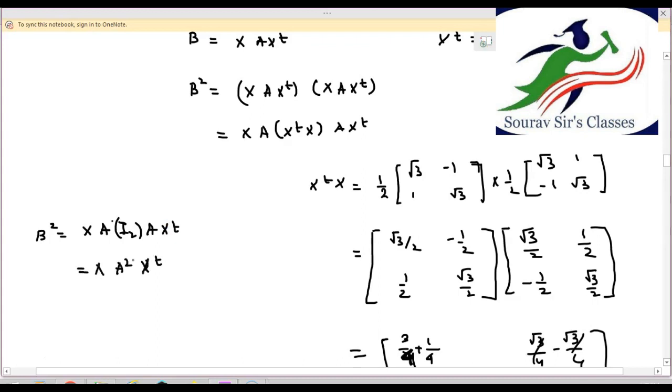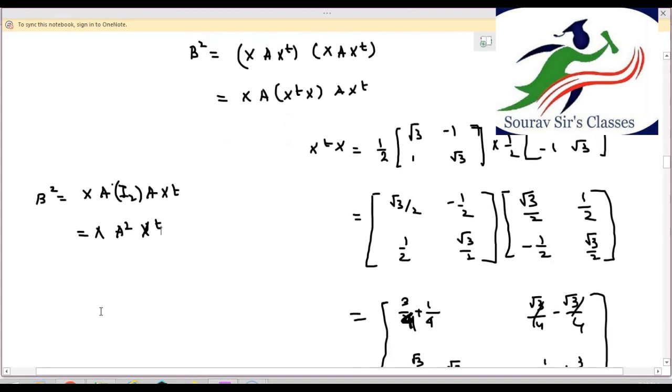Now observe that if X transpose X is equal to I2, I can say that X transpose is the inverse of X, so X inverse equals X transpose. In other words, X is an orthogonal matrix. We know that this kind of matrix is known as an orthogonal matrix.